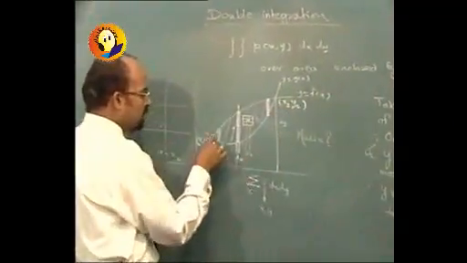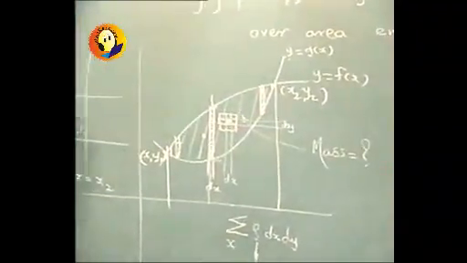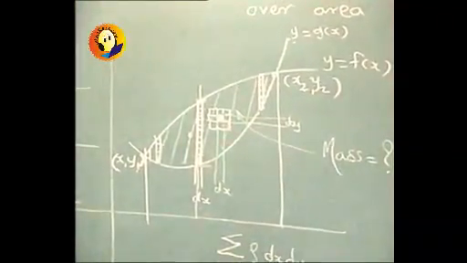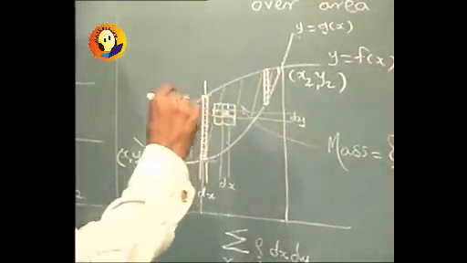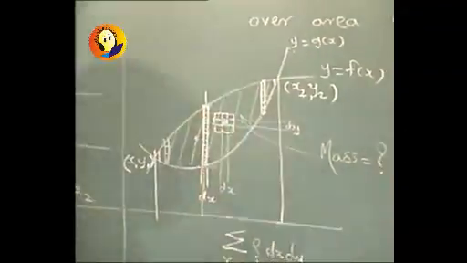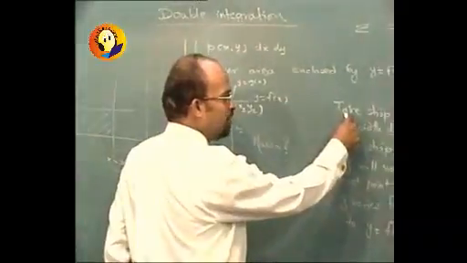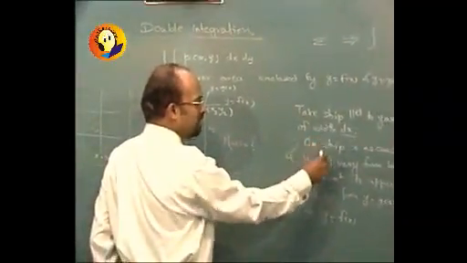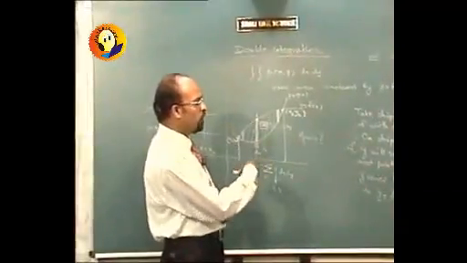Then the leftmost strip will be at x equal to x1, whereas the rightmost strip is at x equal to x2. So to cover the entire area where I want to add all these infinitesimally small area values for this function rho of x, y, I will take a strip parallel to the y-axis of width dx on which x is constant and y varies from the lowermost point to the uppermost point.